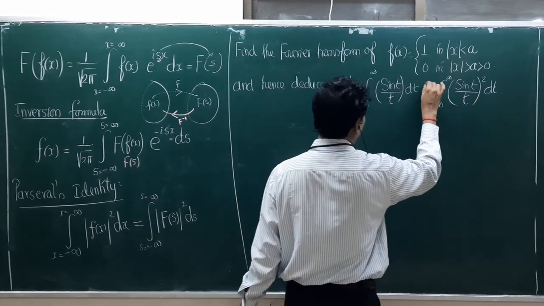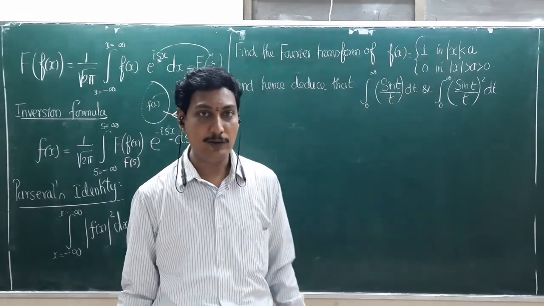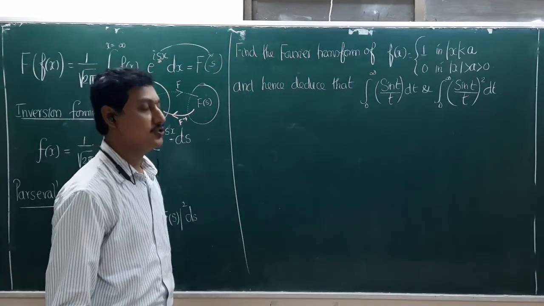I want to find these two improper integral values with the help of the Fourier transform concept.